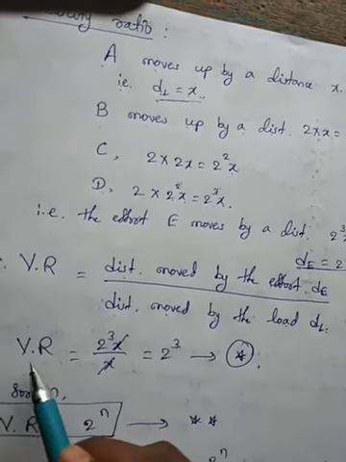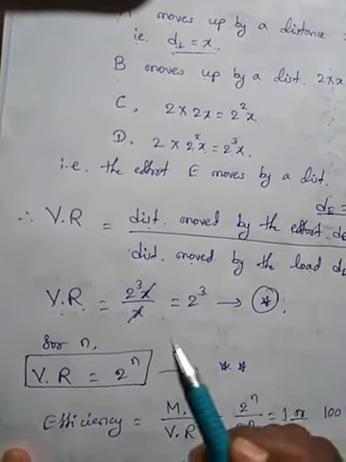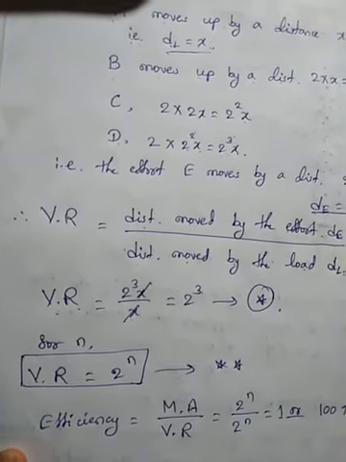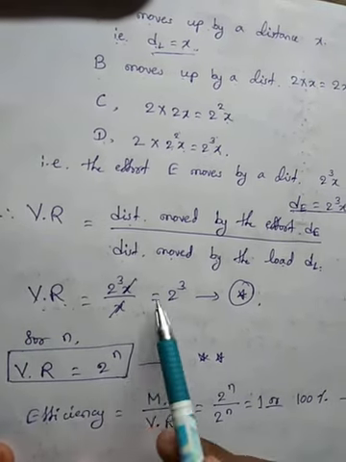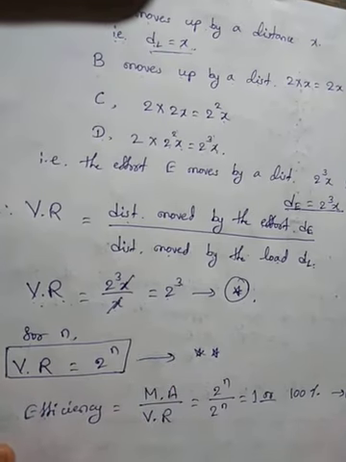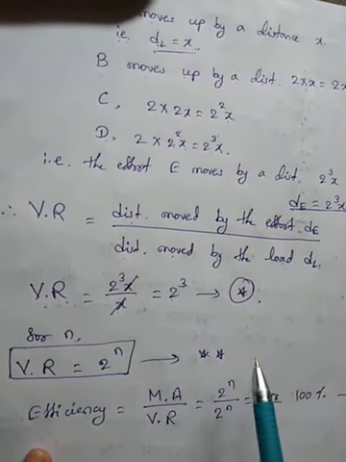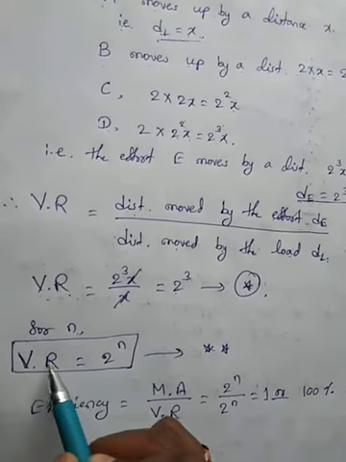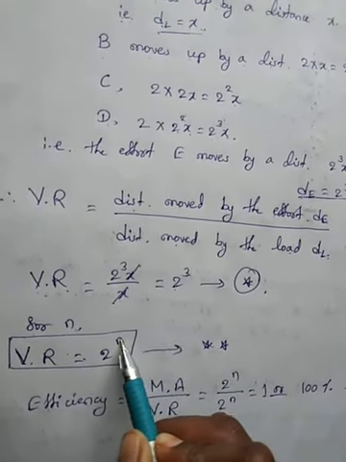That 2 cube is the velocity ratio. We already got the mechanical advantage, that is also 2 cube, and the velocity ratio is also 2 cube. For n number of movable pulleys and one fixed pulley, the velocity ratio will be 2 raised to n.